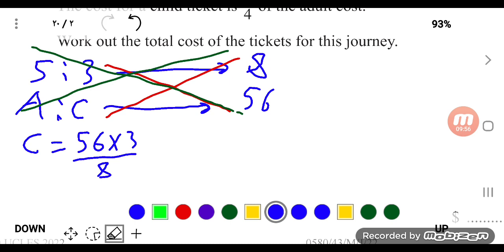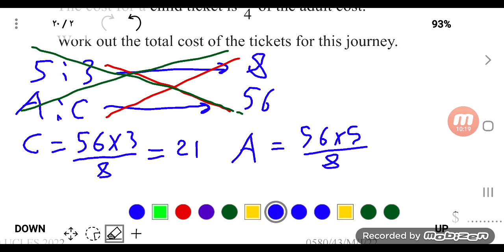And on the calculator this will be 21. And then you do the same thing. Number of adults, A, equals 56 times 5 divided by 8. 56 by 8 is 7, times 5, you get 35. So you have 35 adults and 21 children.